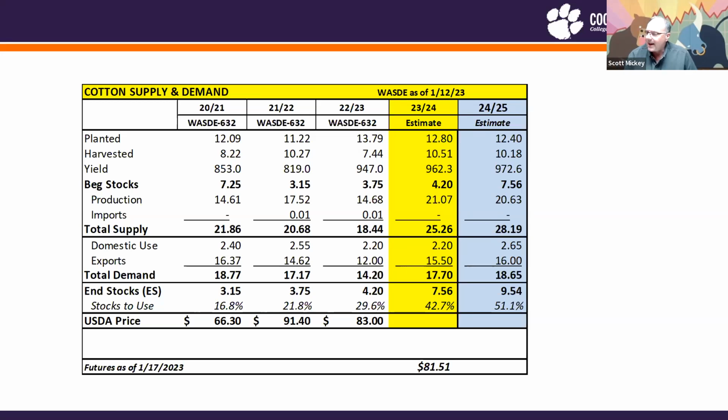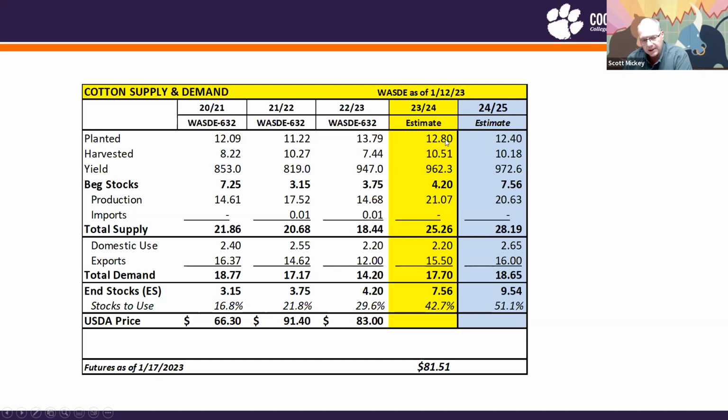Hopefully you felt my outlook for corn and soybeans was positive, because when we shift to cotton, it's a little bit tougher to talk about. Right now, we don't know for sure that we're going to see this slight decrease in cotton acres. Right now, I'm thinking it's going to be about 1 million acres less planted in the US.